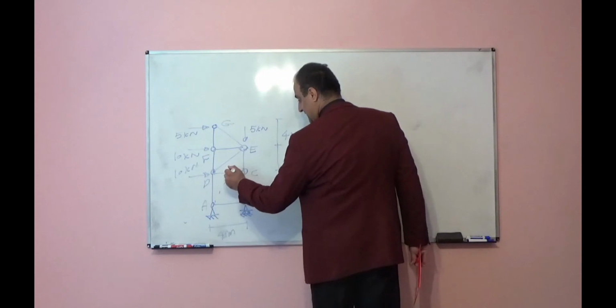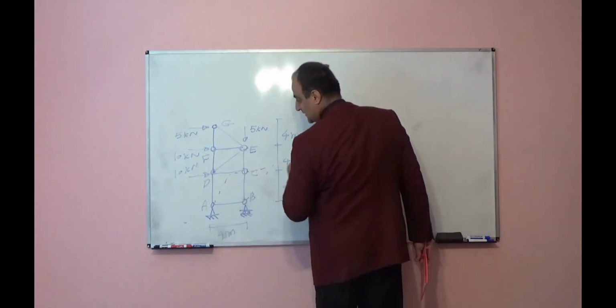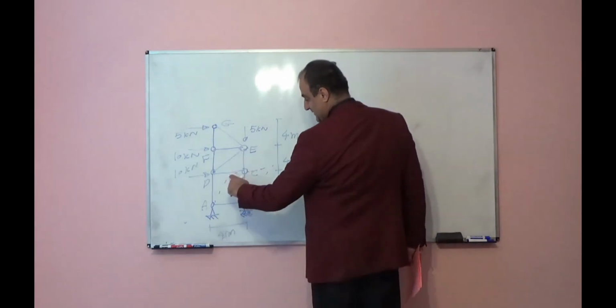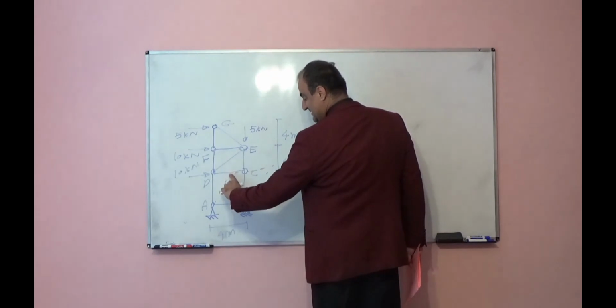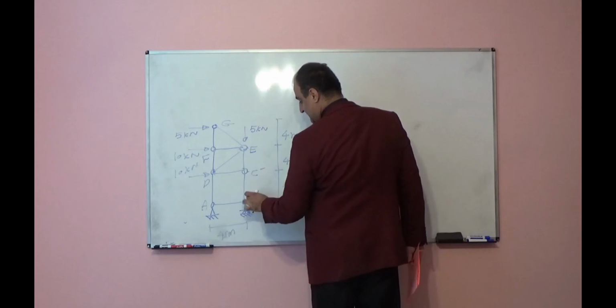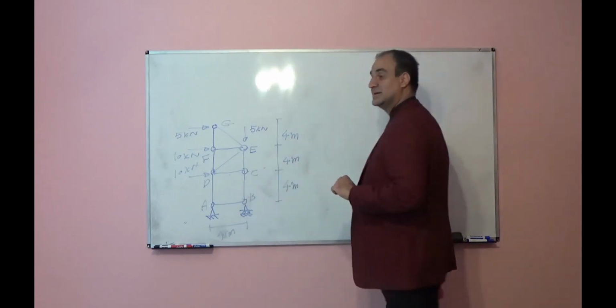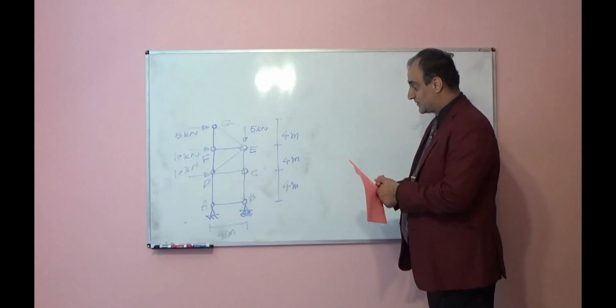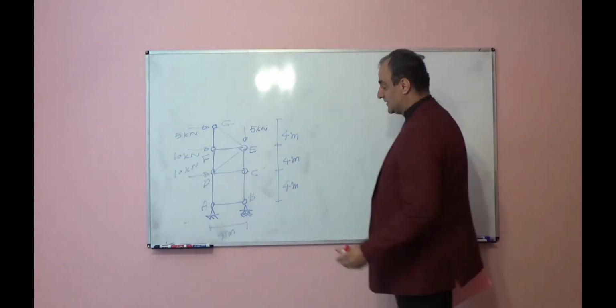It will be like this. So you see the distance between D and B is decreasing. That tells us internal force in that member is compression force, or compressive member.